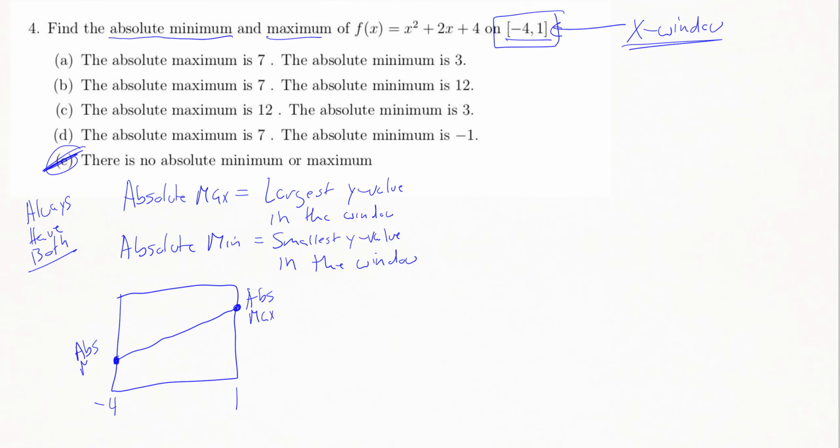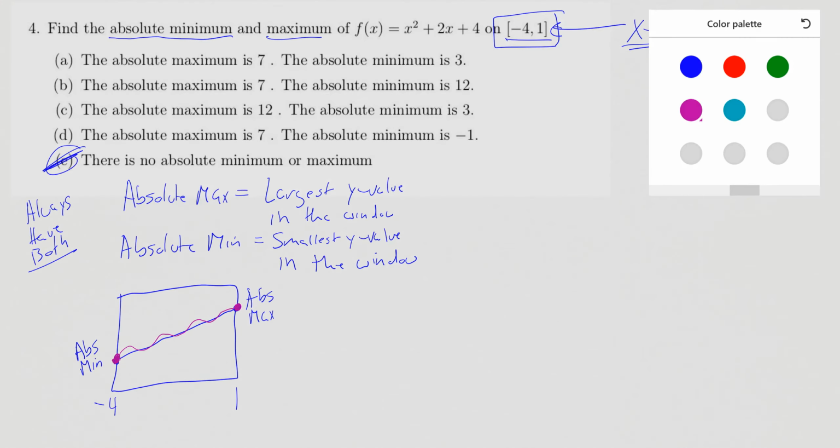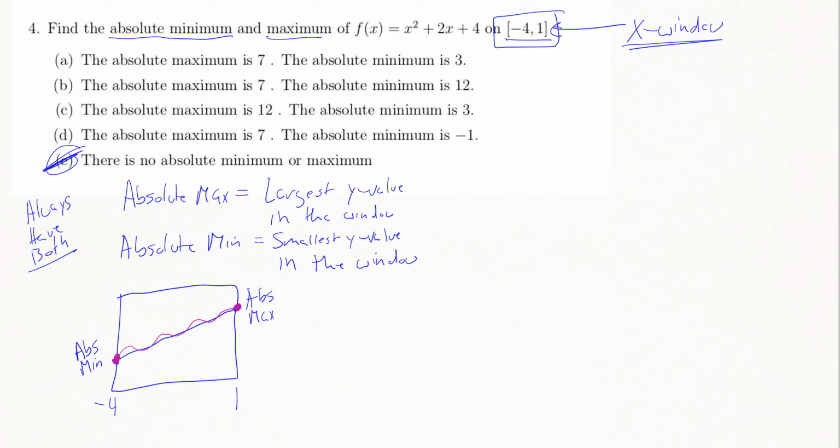And this left endpoint is where my absolute min is happening because it's the smallest y value. I don't even care if there's a whole bunch of peaks and valleys happening. All I'm concerned with is where is the tallest point, which would still be the right endpoint in this situation, and where is the smallest y value, which would be the left endpoint. You can have peaks and valleys come through, but you don't always have to have them.